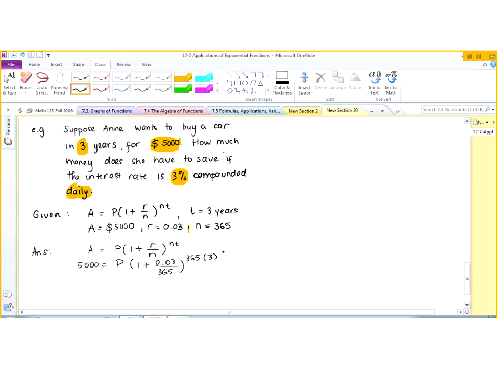Divide both sides by 1 plus 0.03 over 365 raised to the 365 times 3. Okay, so you got to be careful when you do this. 1.0003 divided by 365 times 365 times 3.